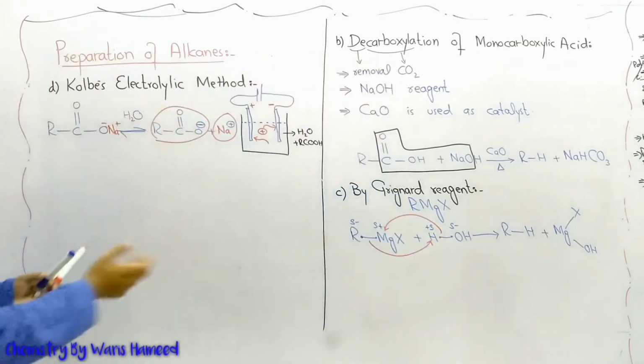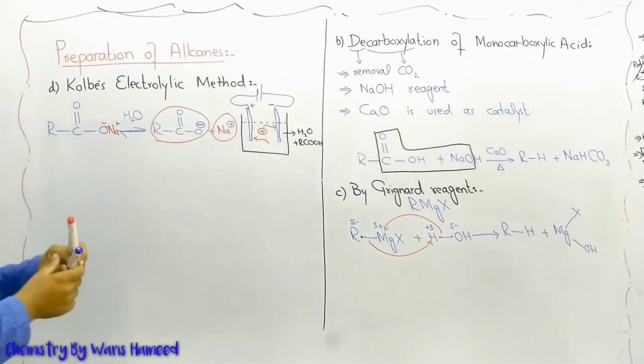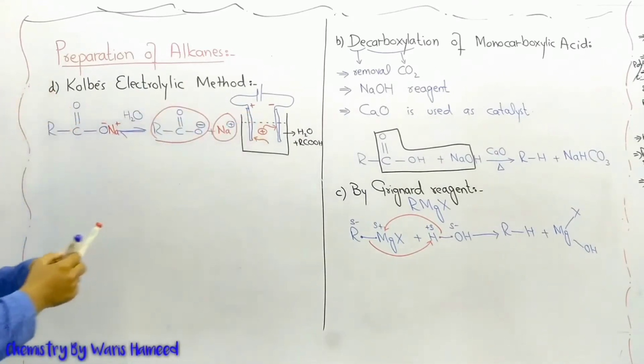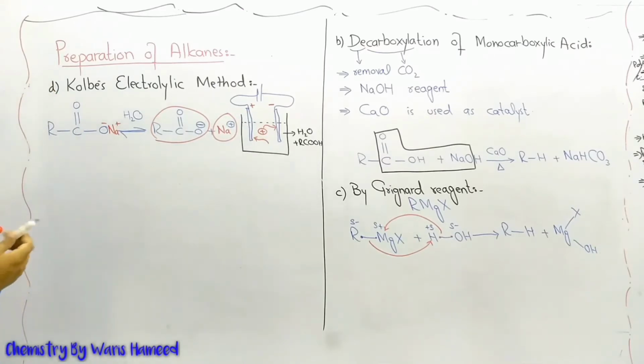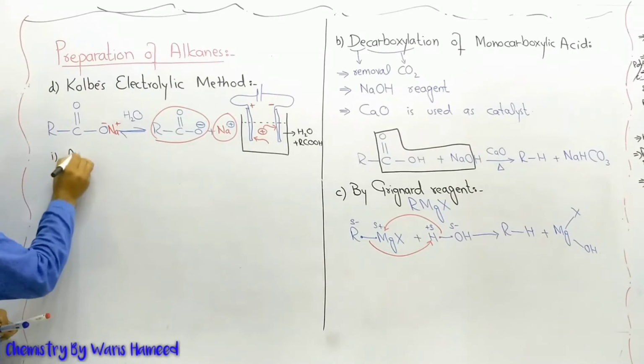And in this case, what will happen? This negative part of carboxylic acid will move toward anode. Then we can say the reactions occurring at anode.